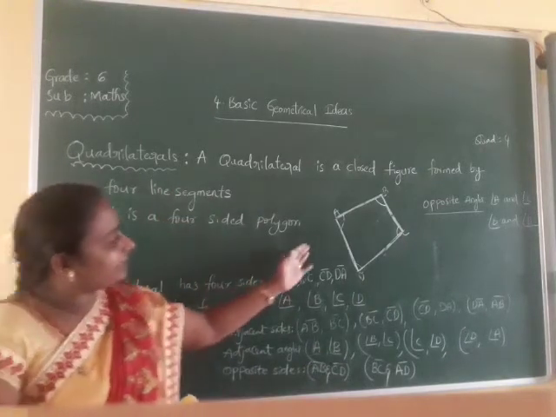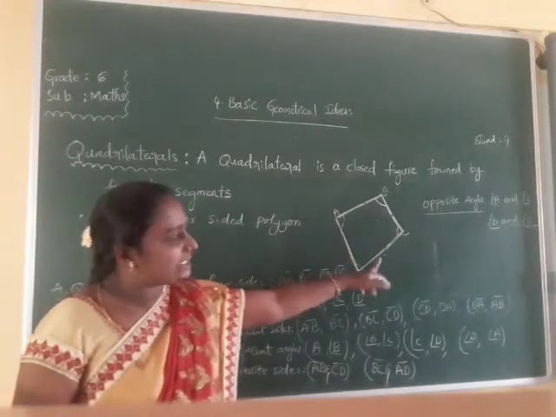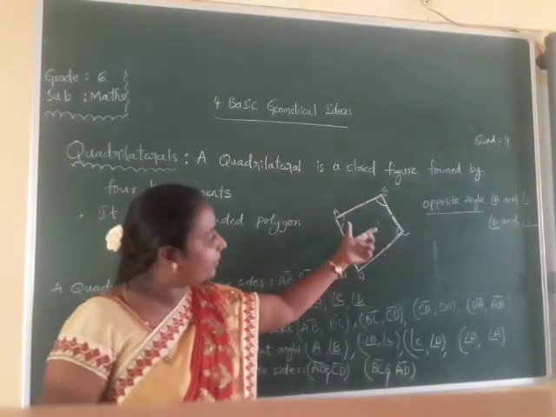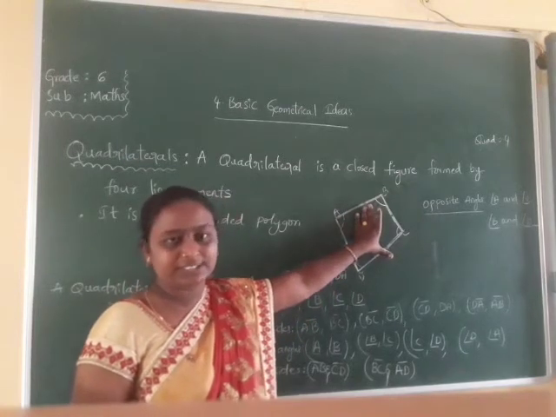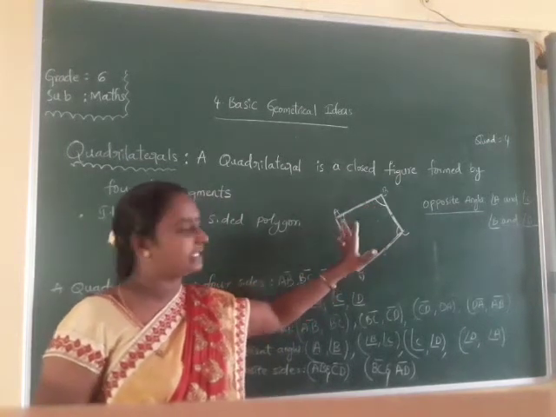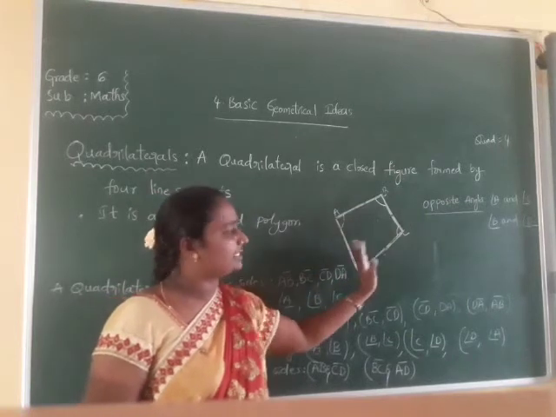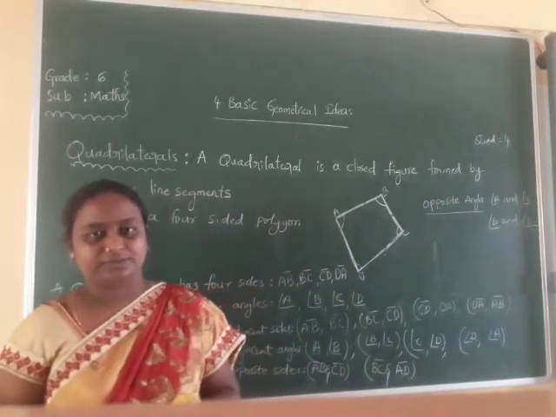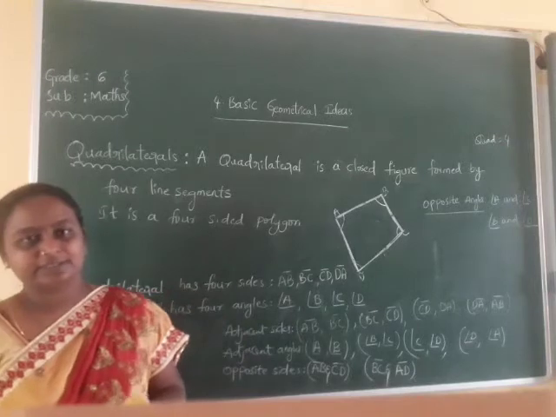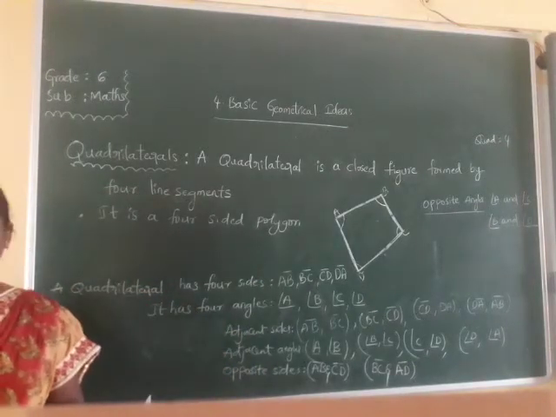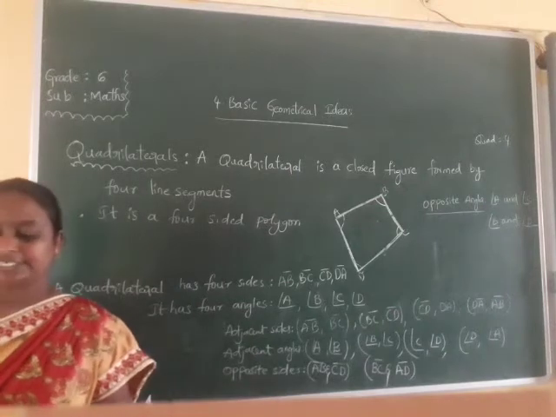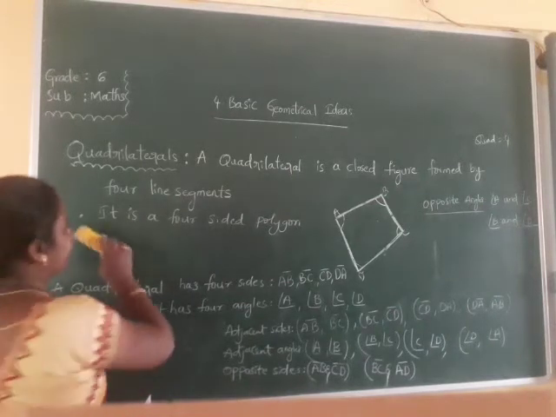This quadrilateral has 4 sides, 4 angles, and it has opposite angles, opposite sides, adjacent sides and adjacent angles also. Is it clear, children? Right, copy. Okay, now next go for exercise problems.